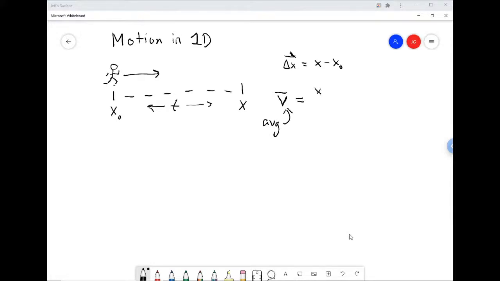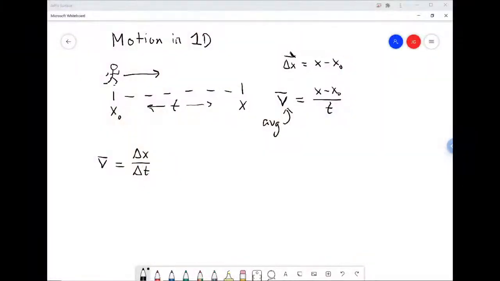It's equal to that displacement divided by that interval of time. Sometimes you might see it like this. You might say average velocity equals delta x over delta t. But delta x makes a lot of sense. It's x minus x naught. It's delta t versus just using a t.